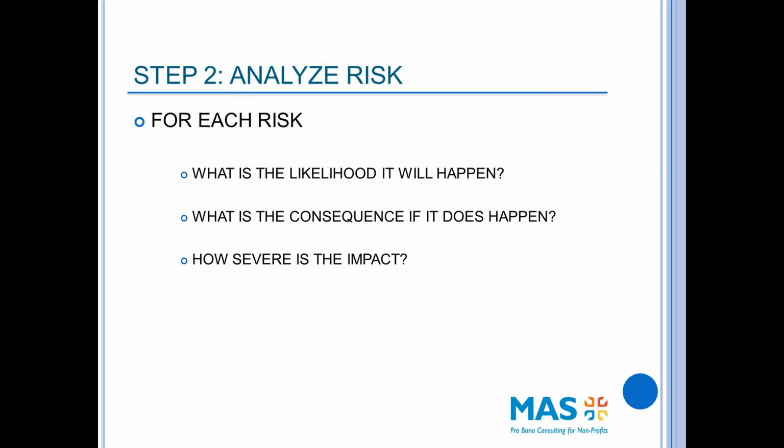I need to know the consequence if it does happen. And then I need to know how severe that impact is. So I need to go through each of those and think about how you analyze these risks.